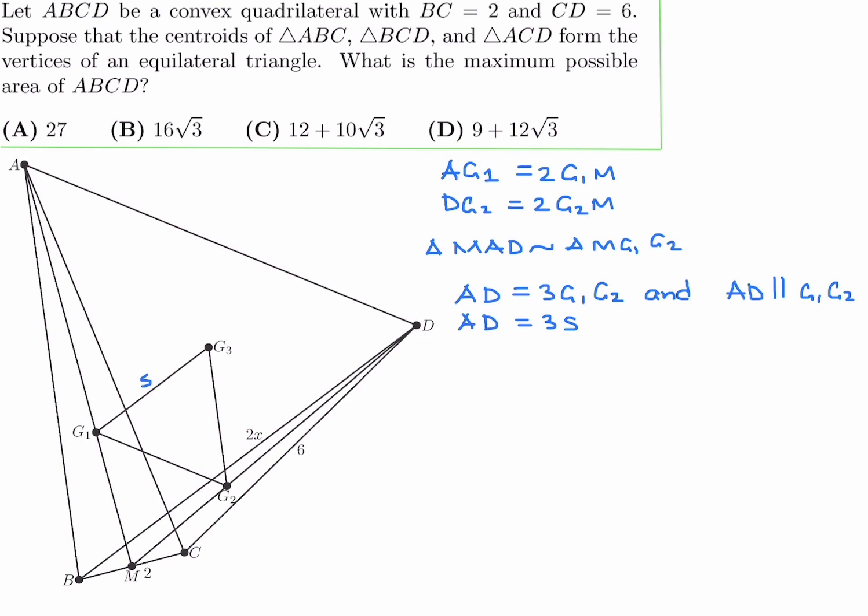Now let's look at AB. In a very similar way, because these triangles are similar, A to B is the same as 3 G2G3.